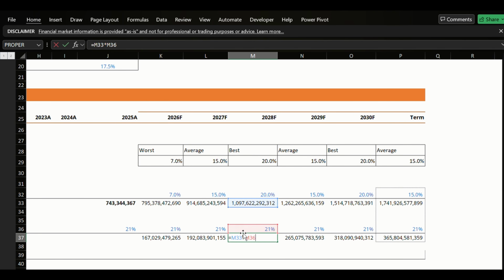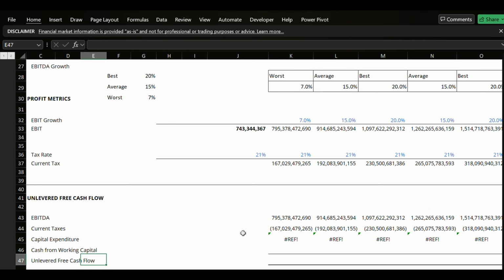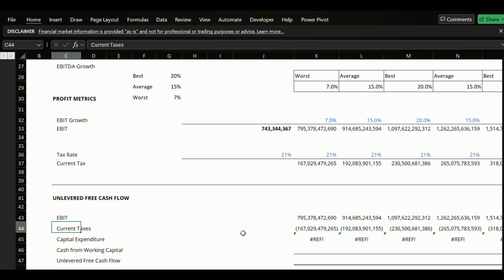Let me go here. The way it was disturbing me before, I don't wish to have it disturb me again. So, is the unlevered cash flow EBIT? So, EBIT is that. Other current taxes are that. Capital expenditures, I don't think I do need capital expenditures.